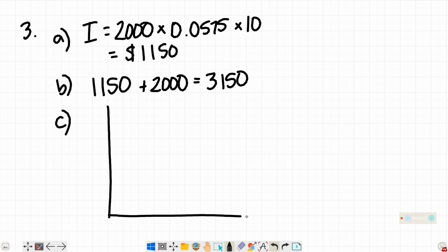So we need to start by labeling. The x-axis is going to be time, and the y-axis is interest. In 0 years, his money is going to make $0. So it's going to go through the origin. In 10 years, it has made 1,150.